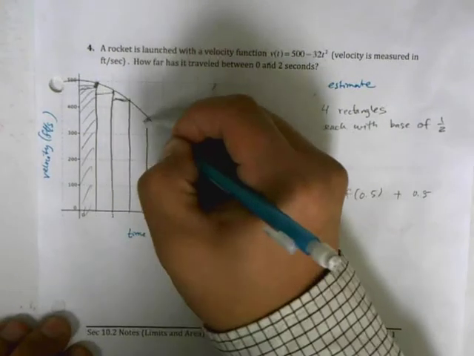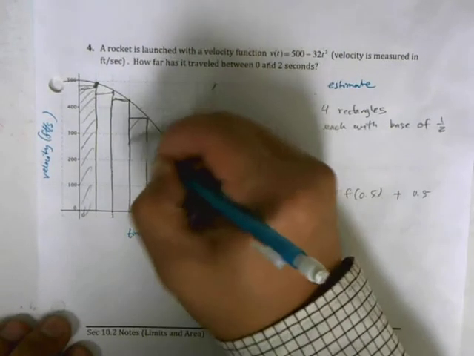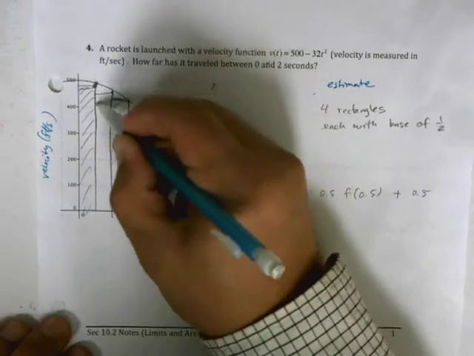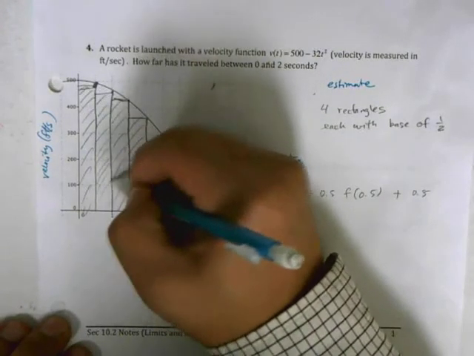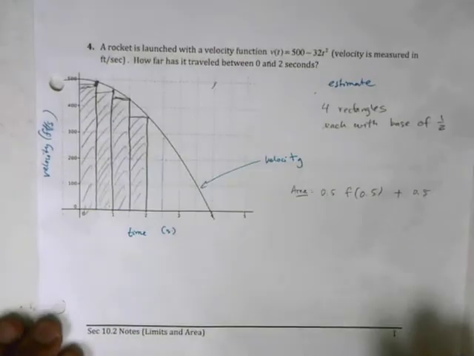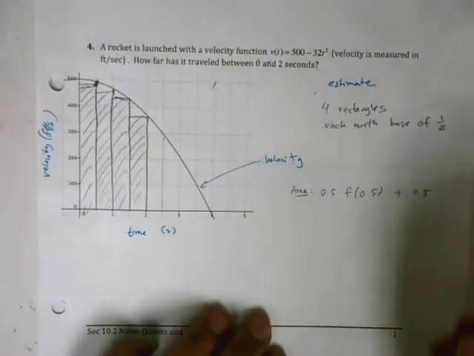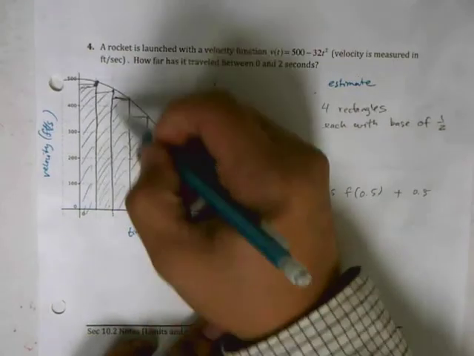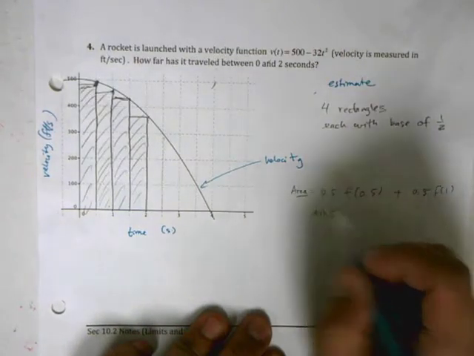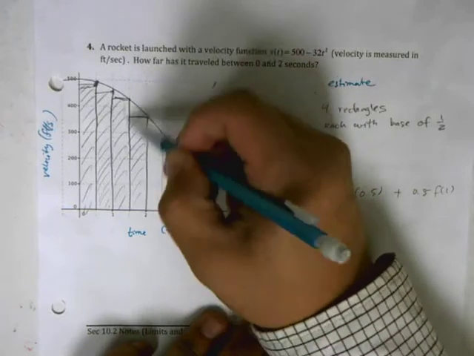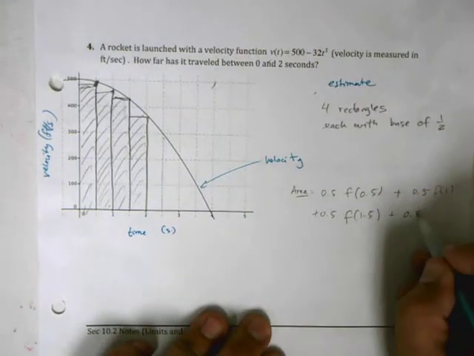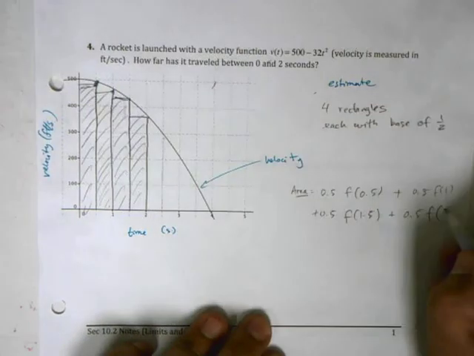Those of you who already learned this, this is called RRAM. If you haven't learned this, watch one of the other videos that talks about RRAM and LRAM. So we're using RRAM here. This rectangle here has a height of f of 1 plus 0.5. This rectangle here has a height of f of 1.5, and then this one here has 0.5 times f of 2.